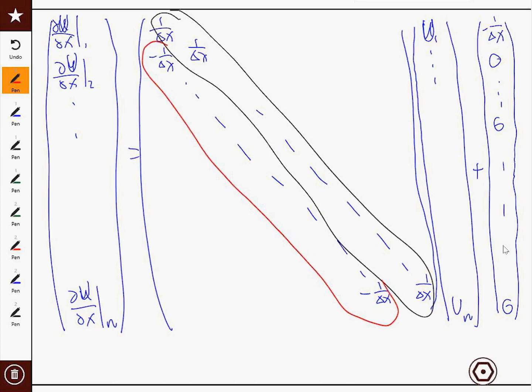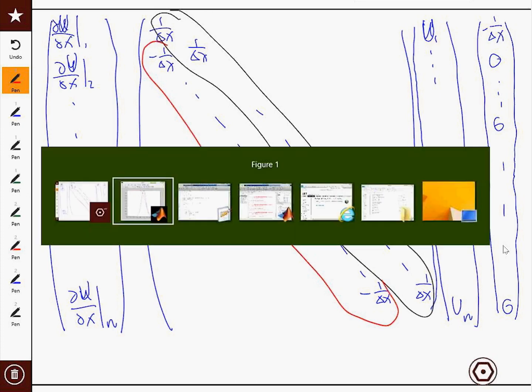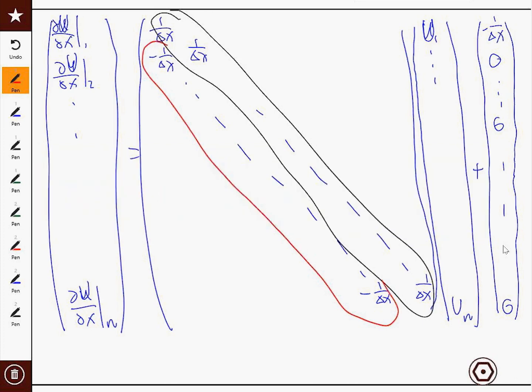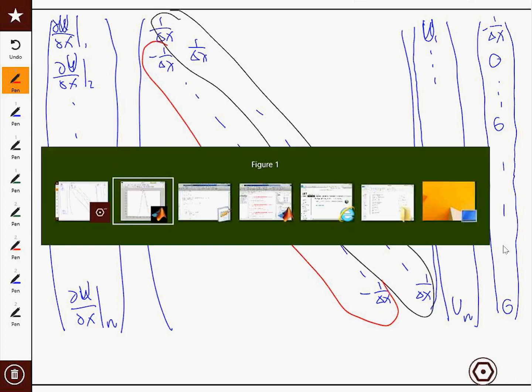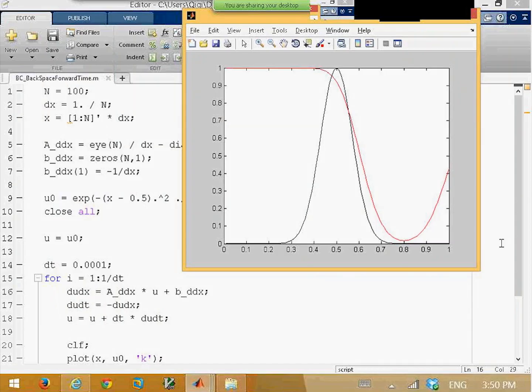The effect I have is not due to the boundary condition, but due to the finite difference scheme. Yeah, the scheme is going to give you truncation error.